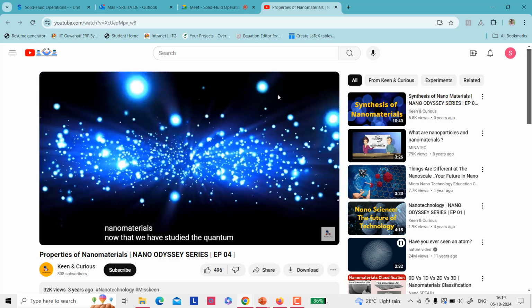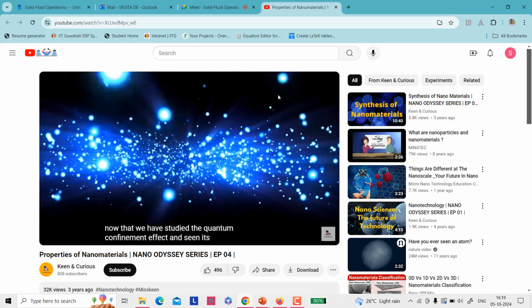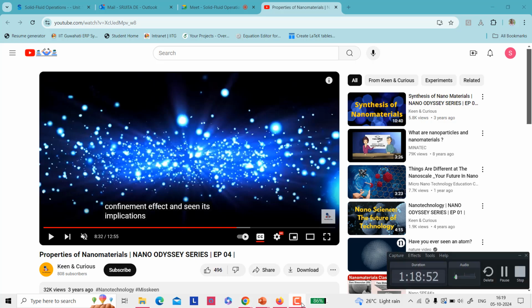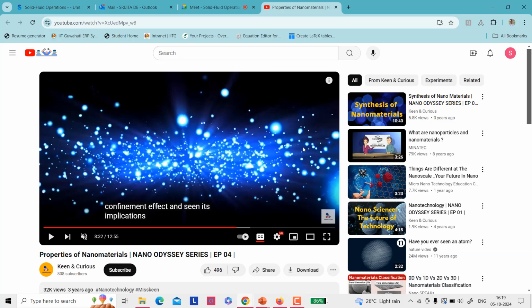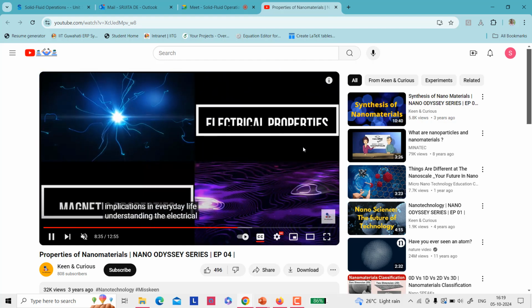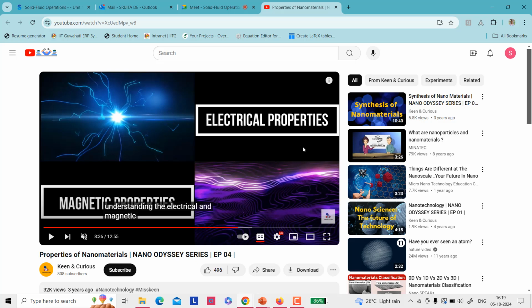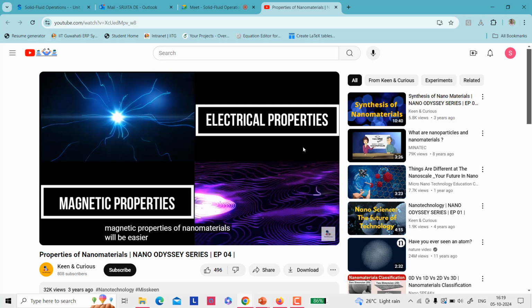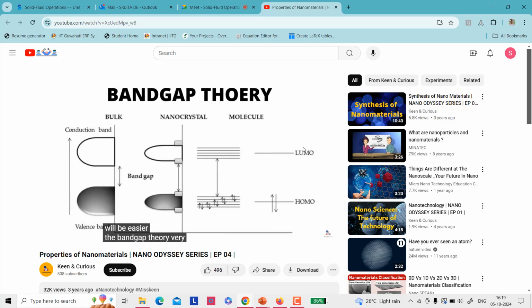The band gap theory very concisely explains why metals, which are usually conductors, may become semiconductors or even insulators at the nanometer size scale. However, this phenomenon can be finely tuned by doping other atoms in a nanomaterial or by controlling its size and shape, called its morphology.